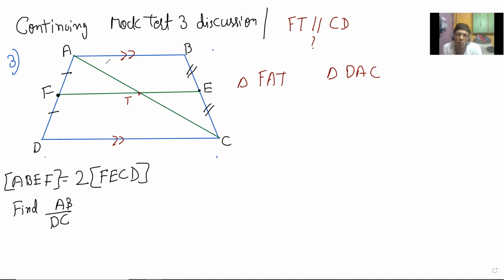So how do you show that? No. How? You cannot say that. To say that, you are already using that TE is parallel to BA.